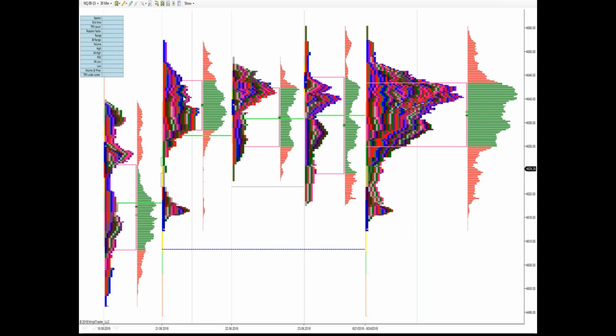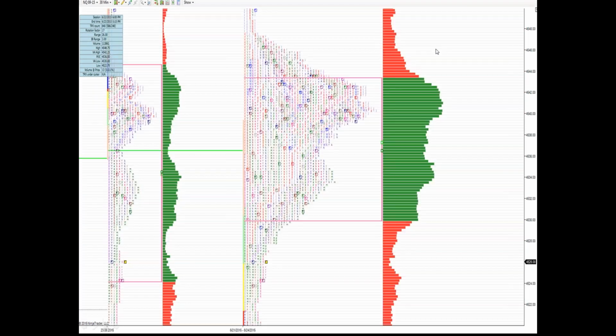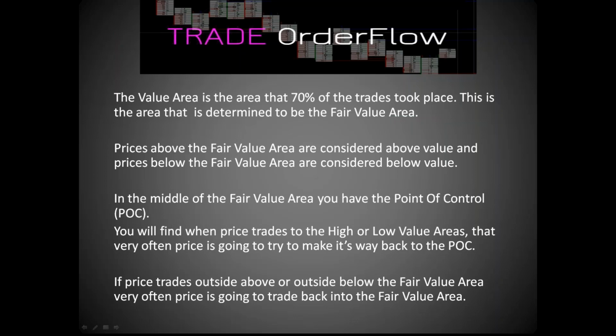Like here, for example, on Monday, actually this is Sunday night, you can see lots of volume here, lots of volume here, but no volume here. I'll show you later why that's going to be helpful to you. Like I said, the value area is the area where 70% of the trades took place.